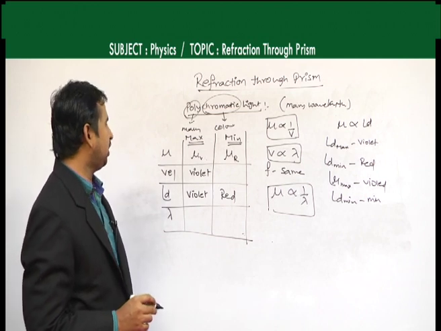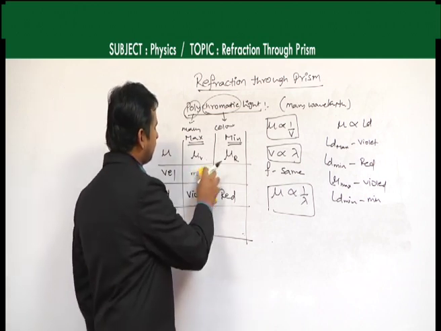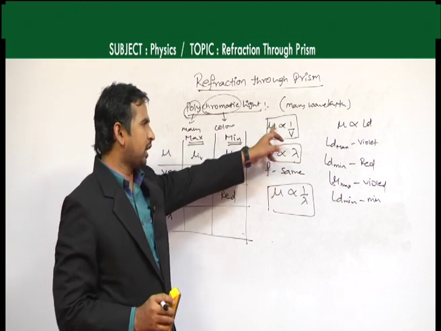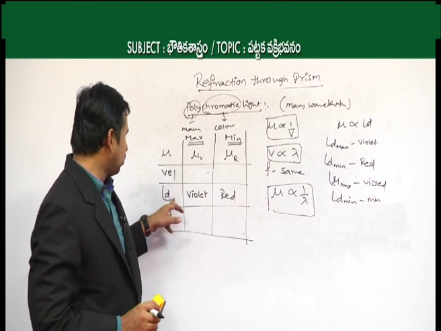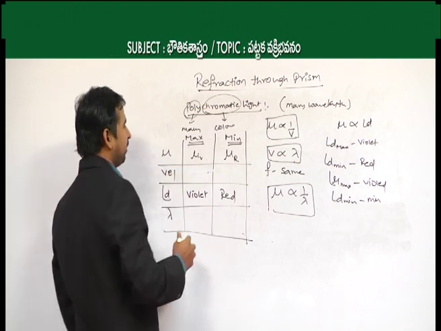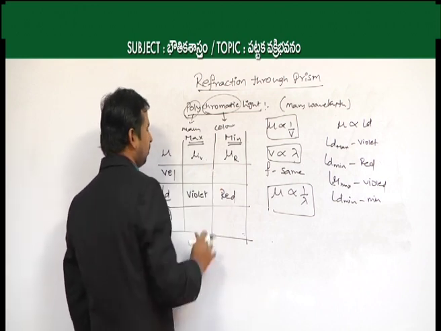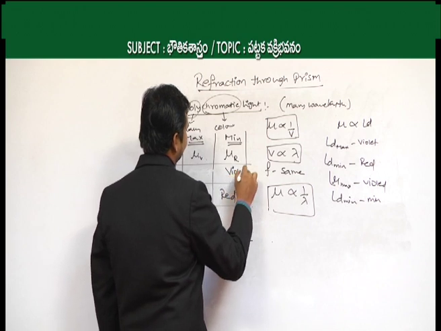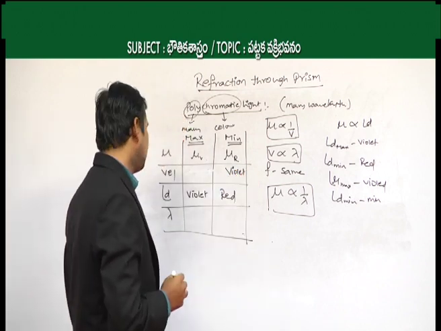Having more refractive index means less velocity. Violet has more refractive index, so the velocity becomes minimum for violet.